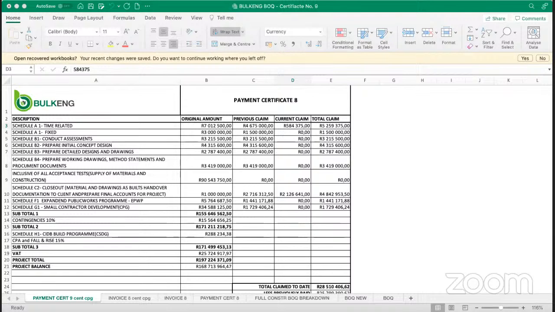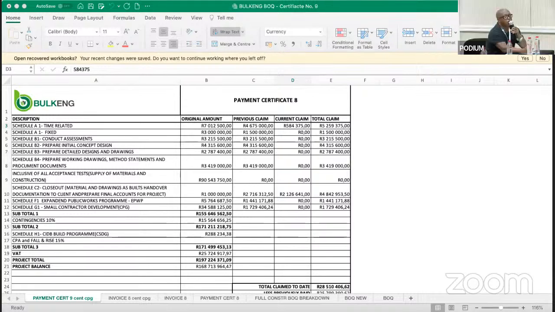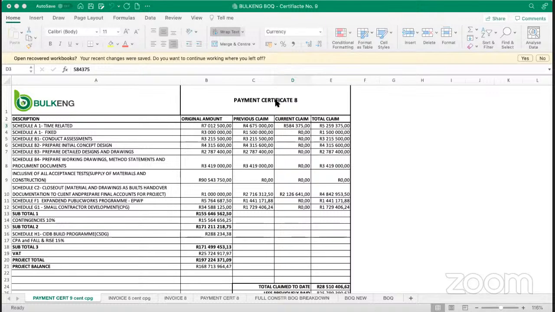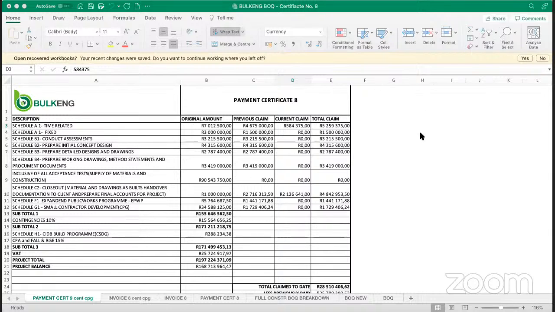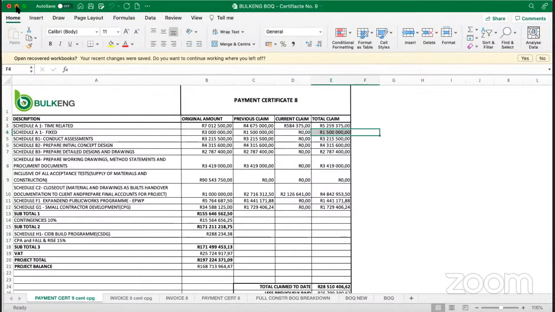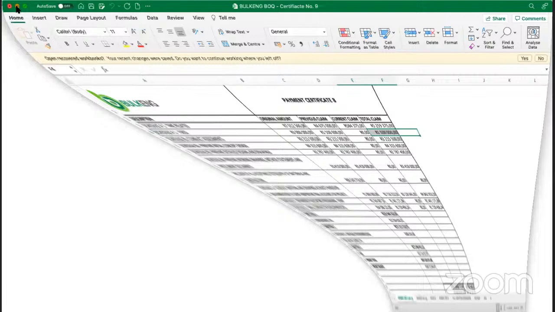Sorry for interrupting. May you please have your presentation on screen? I'm now sharing my screen. It's still showing the spreadsheet. Okay, let me minimize that. Can you see my presentation now?